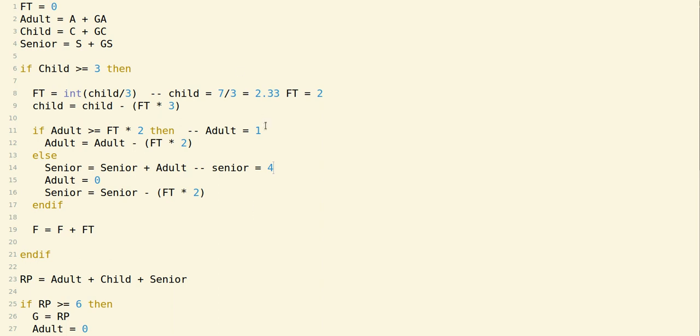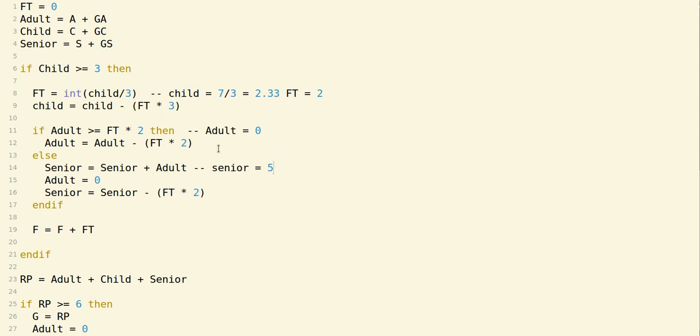So if the value of senior is 4, then senior plus adult would make it 5, and then we're going to reset the value of adult to 0, because it got combined into the value of senior. And then last in line number 16, we're going to subtract ft multiplied by 2 from senior to see how many of the senior tickets are left behind, so that we could offer them as single tickets.